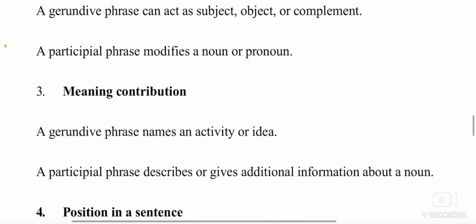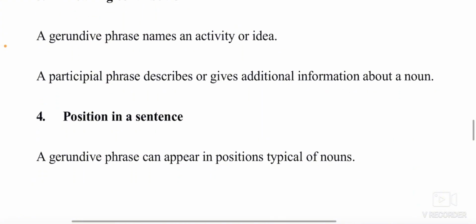I can say a passion or a hobby, comma, swimming in a pool. Are you getting this now? A passion. So I want to describe a passion. I want to give additional information about a passion, which is a noun, that is swimming in a pool. You get it now? So one names an activity, one describes or gives additional information about an activity.